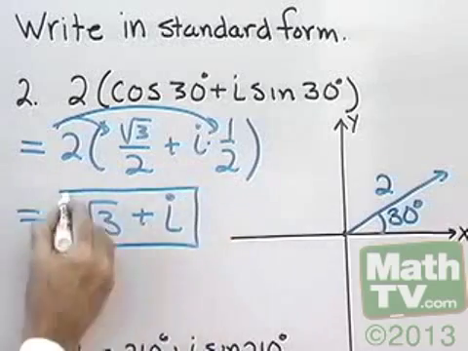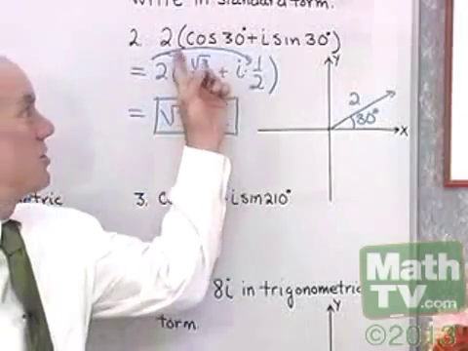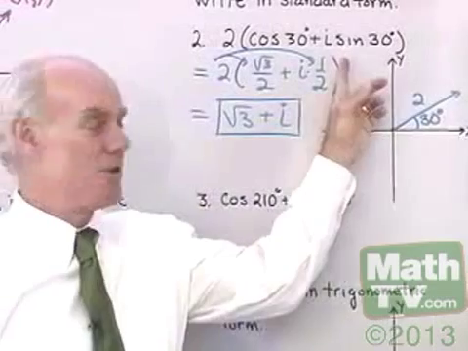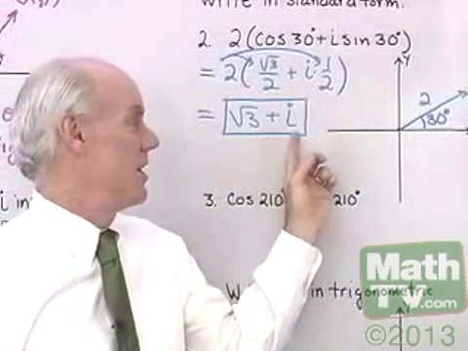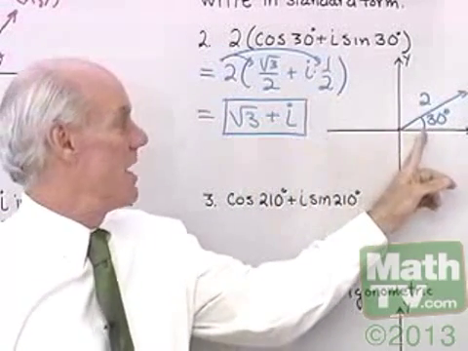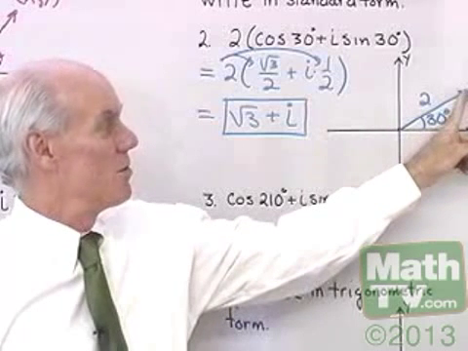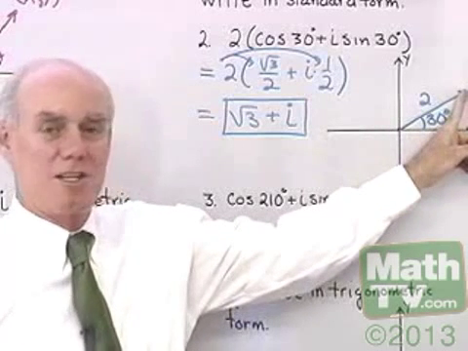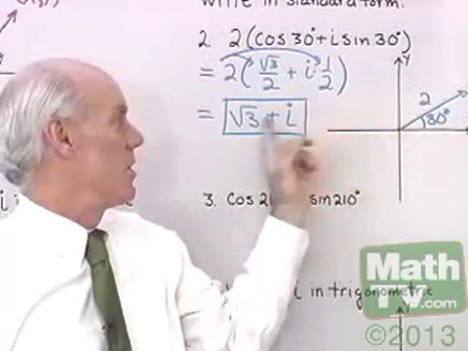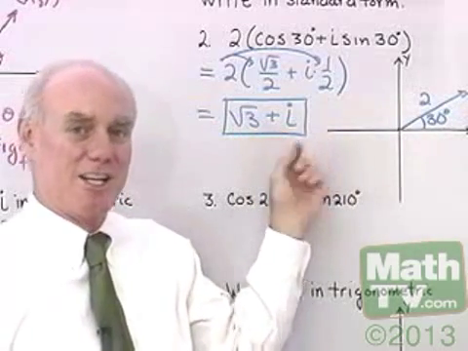So in standard form, this complex number 2 (cosine 30 plus i sine 30) turns out to be just square root 3 plus i. And here you can see the graph right here. This means that this ordered pair (x, y) that's at the tip of this vector must be the ordered pair (square root 3, 1). Let's look at another problem.